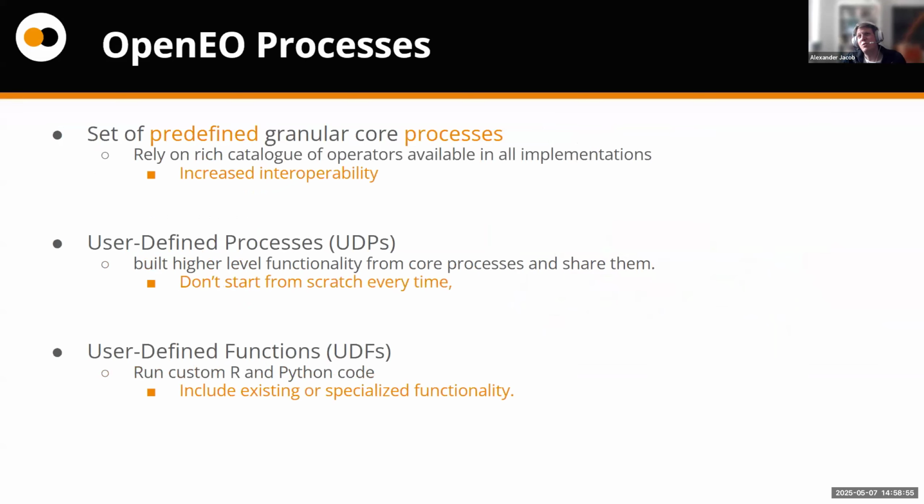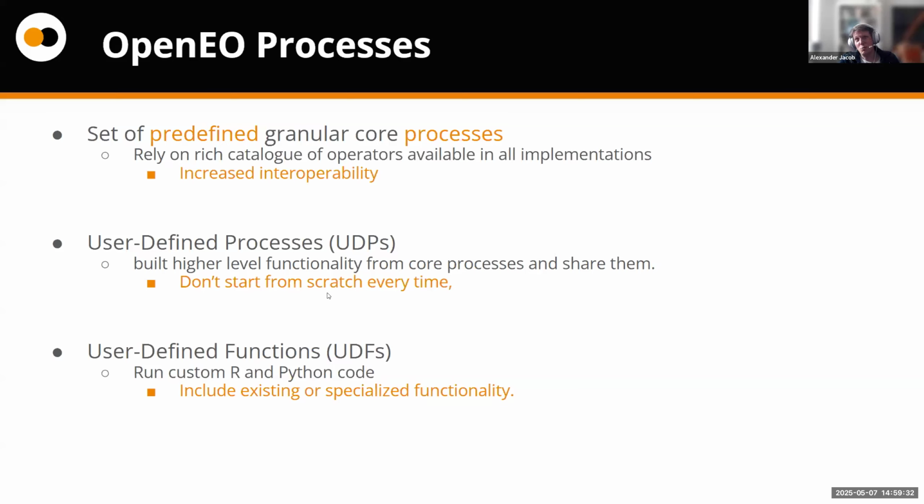The core of OpenEO lies around a set of predefined processes. We went down this road mainly to have a high level of interoperability, so that the user can rely on a rich set of functions that are available in all the implementations. And then people can develop their own higher level processes, which are basically constructed from these predefined processes, and share them with others again as so-called user-defined processes, which is just a combination of the granular core processes built on top of that.